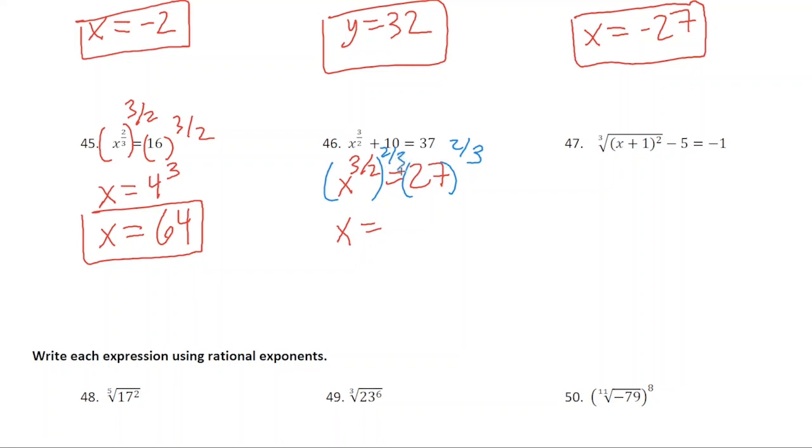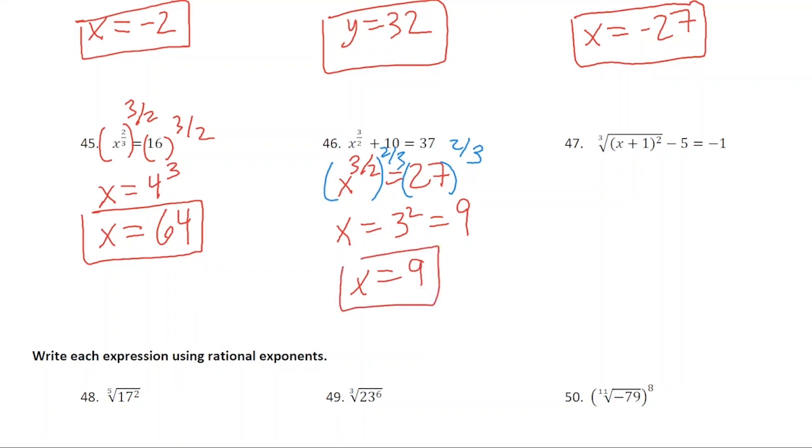This number is even, so, I'm sorry, 3 is not even. What am I talking about? 3 is an odd number, so we don't need the plus or minus. Okay, so let's take care of this though. The cube root of 27 is 3. 3 squared is 9. Okay, so x equals 9.